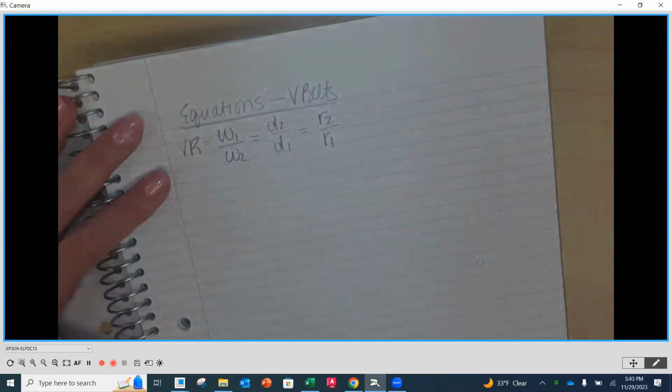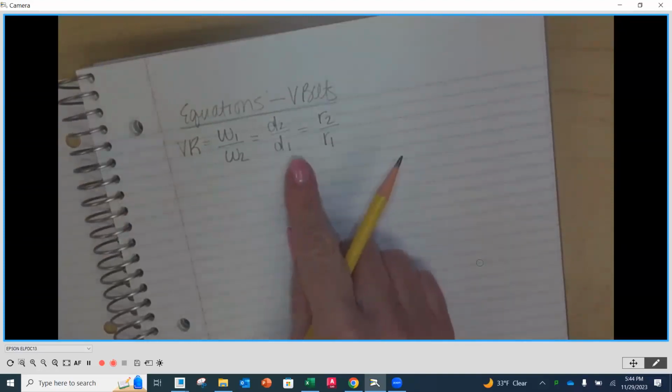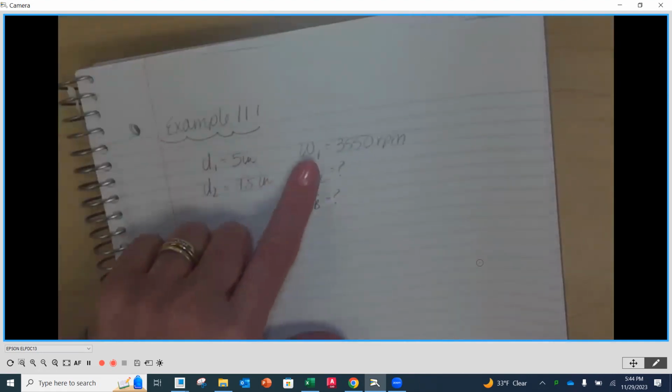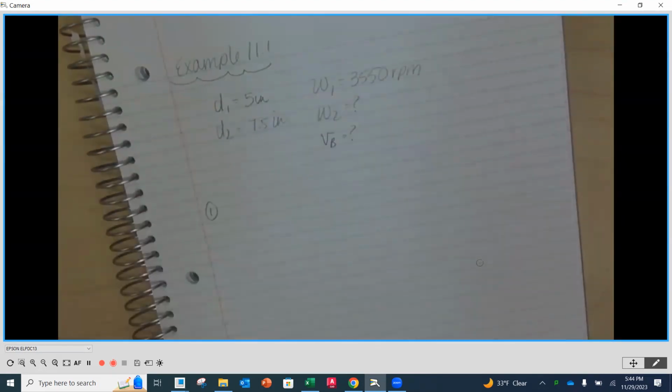Now, to get our number 2, because we have to find out what W2 is, we know W1 and we know both of our diameters. So for step number 1, we can calculate what W2 is going to be.